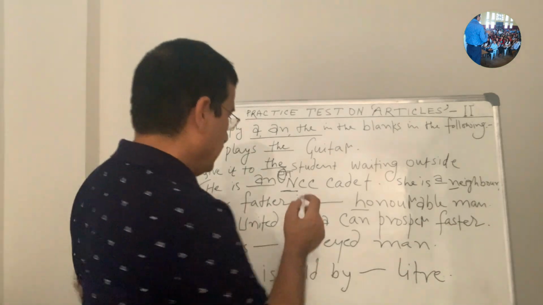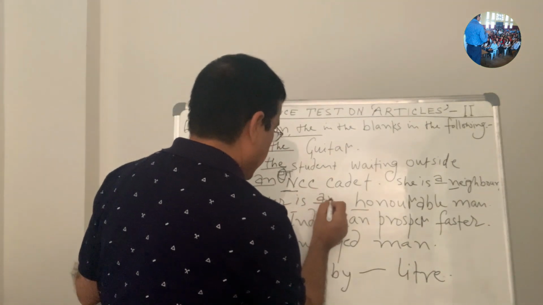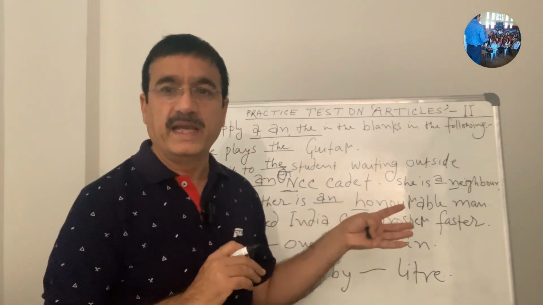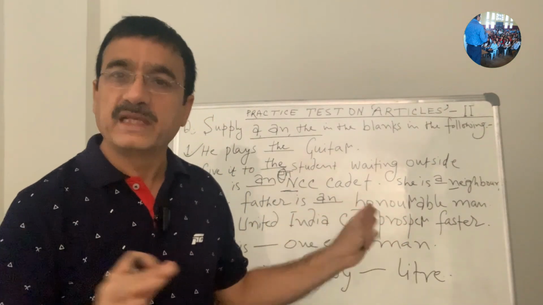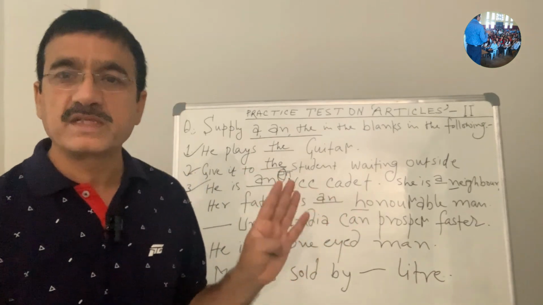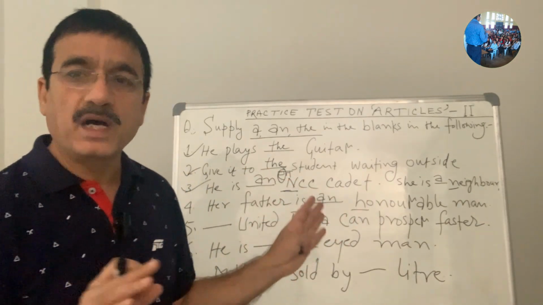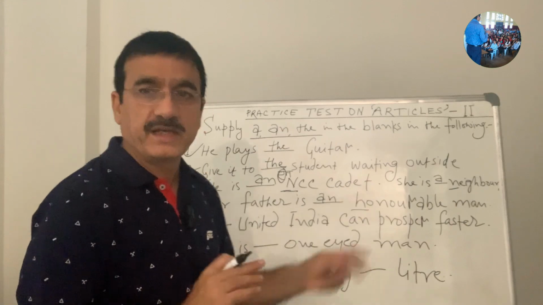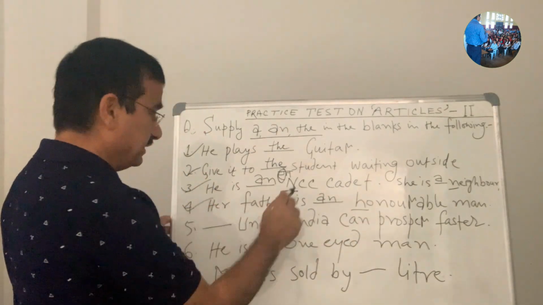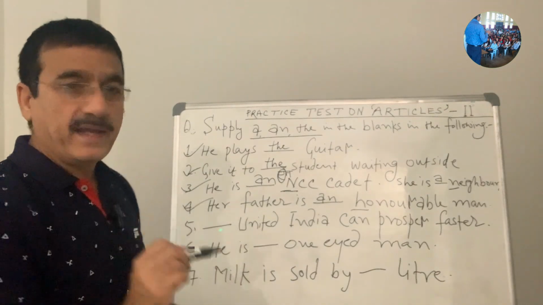A vowel sound. This is why here it will be an, not a. Had it been pronounced with H, then a would have come, but that is wrong, it's not the correct pronunciation. It's honorable because the initial H is silent, hence an is justified. Her father is an honorable man.